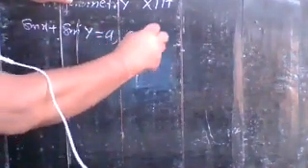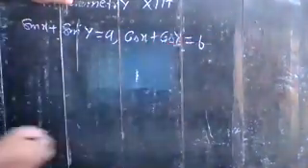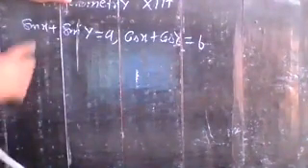Yes, right. If sin x plus sin y is equal to a, and cos x plus cos y is equal to b. So what is given?